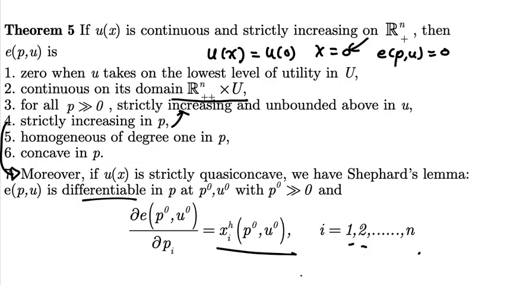We want to prove the last property of the expenditure function, that is property number 7.